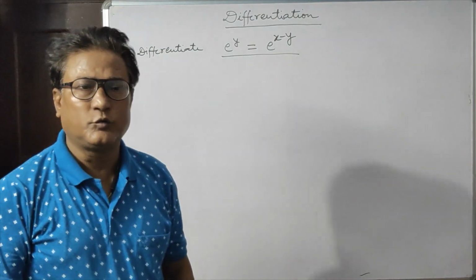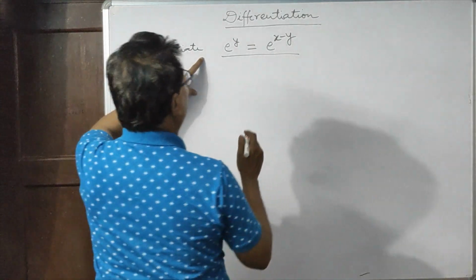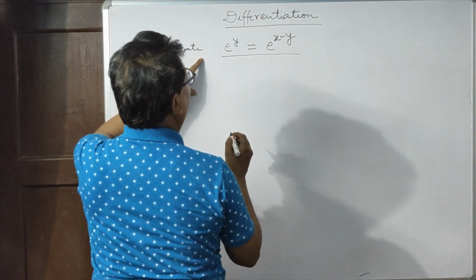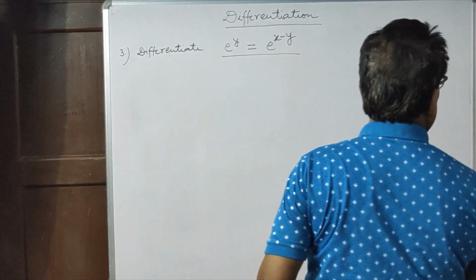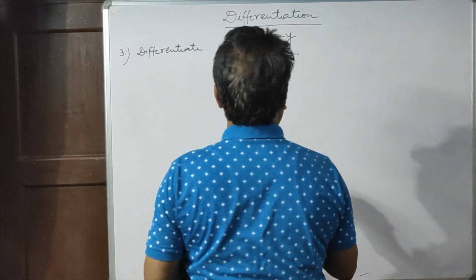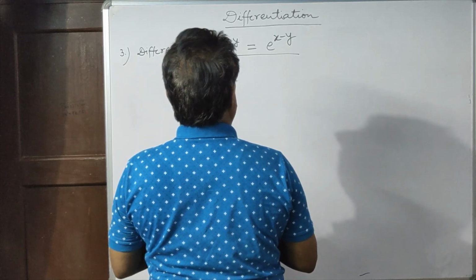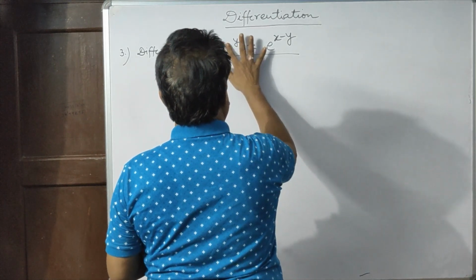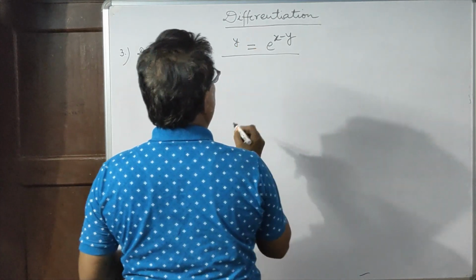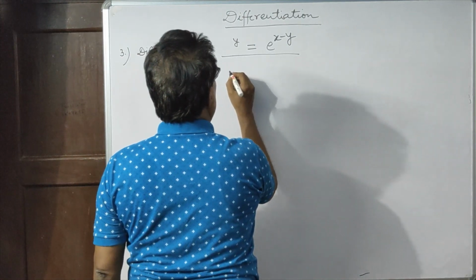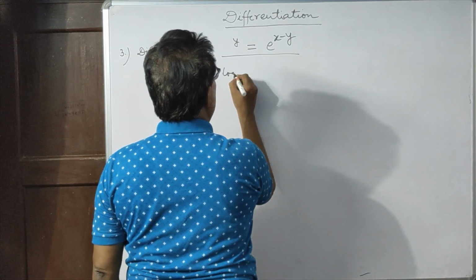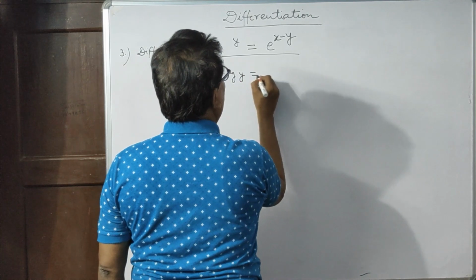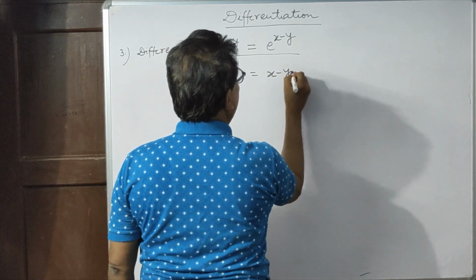And what will you do? First of all, you know that y is equal to e to the power x minus y. Then log y is equal to x minus y.